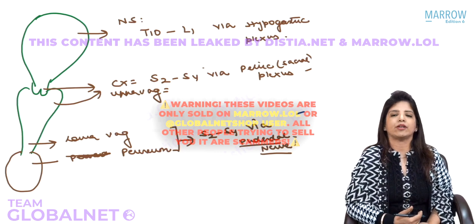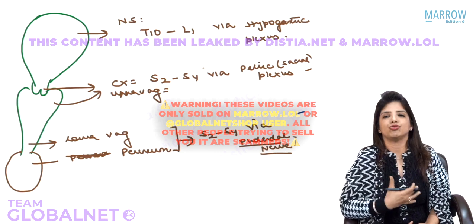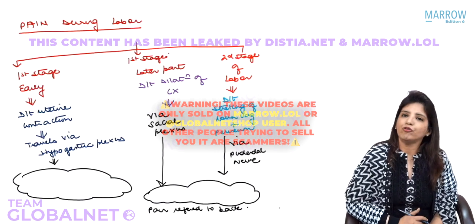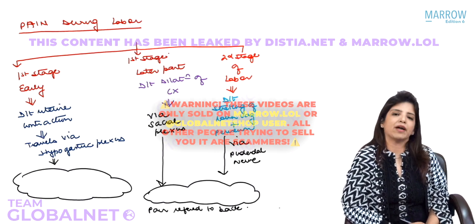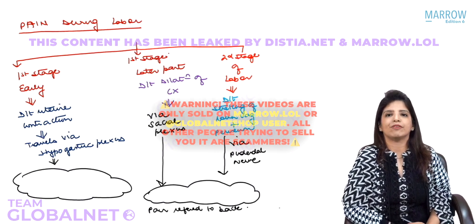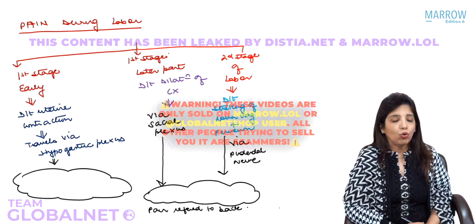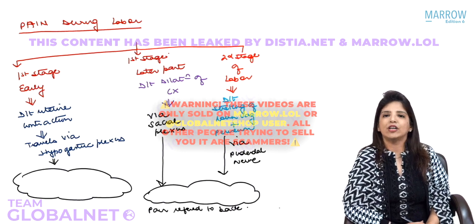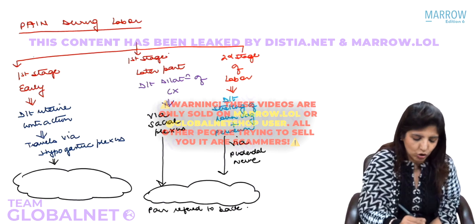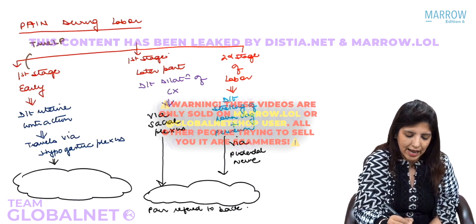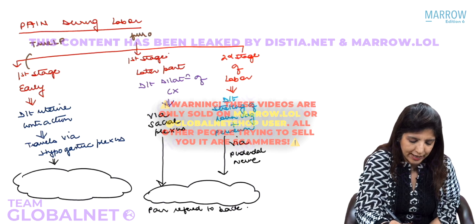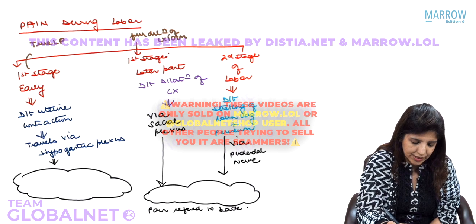Now let us see why a female has pain during labor. I will be talking to you about the stages of labor in the next video, but over here I want you to know that the first stage of labor is when true labor pains begin, and it lasts up till full dilatation of the cervix, that is 10 centimeters dilatation.